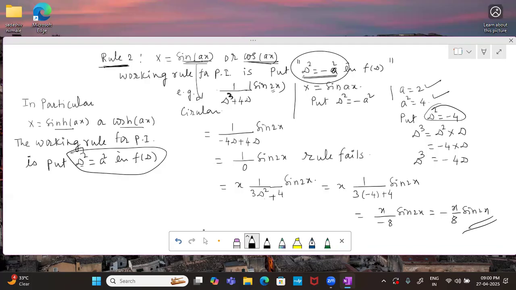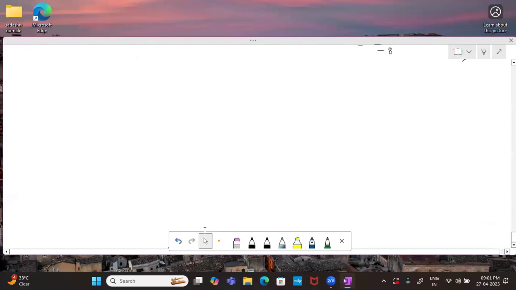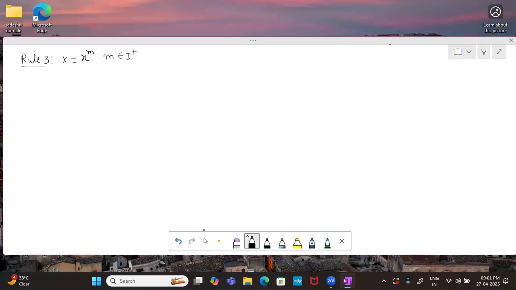And now we will see rule number 3. Capital X is x raised to m, where m belongs to the set of positive integers. And this function is called a polynomial function. m must be a positive integer.